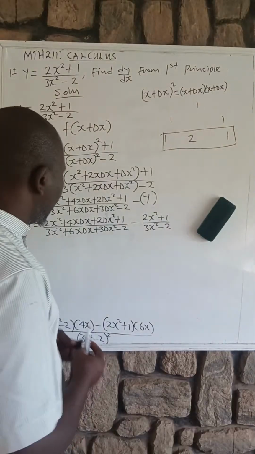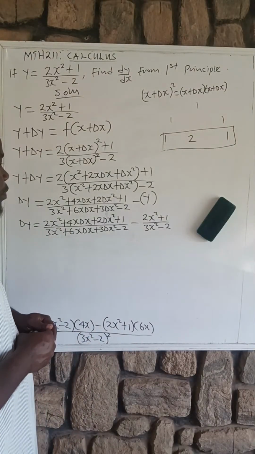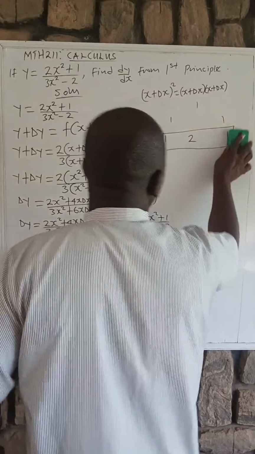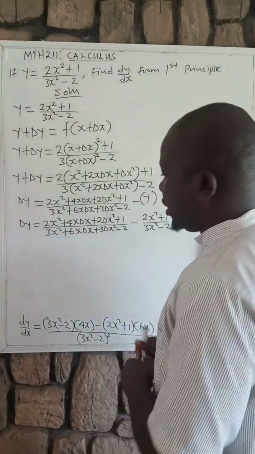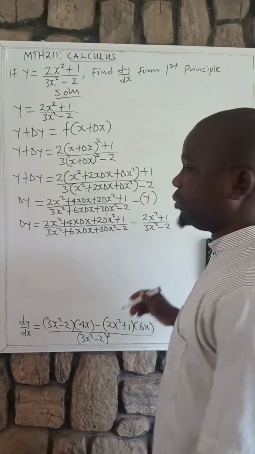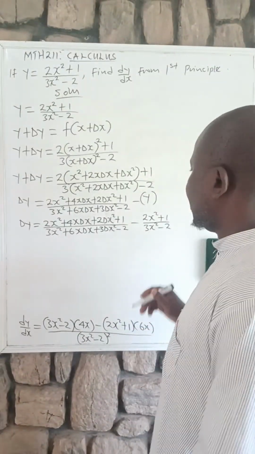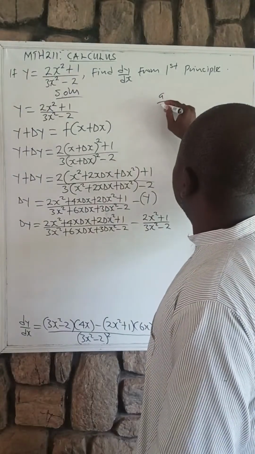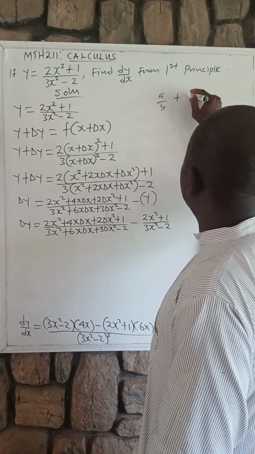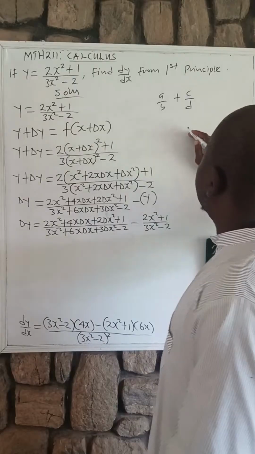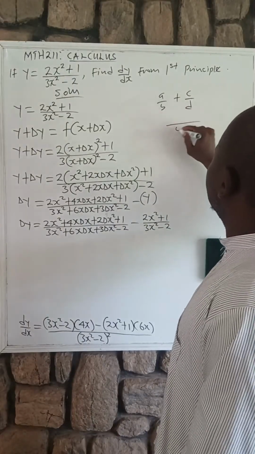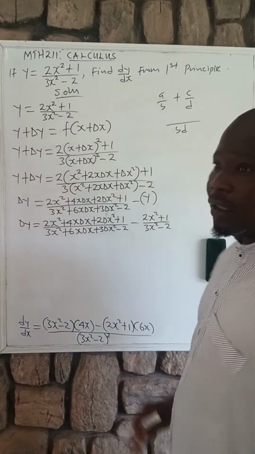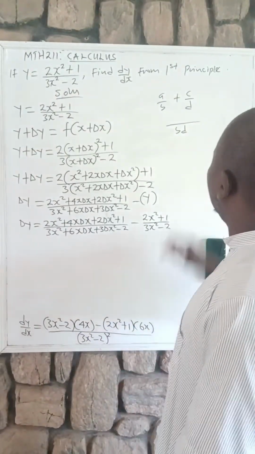So at this point, when you come across something of this form, you don't need a prophet to tell you. Assuming you have A all over B plus C all over D, you look for the LCM. The LCM is B and D. Or you cross multiply.